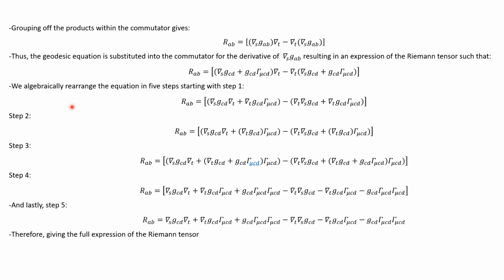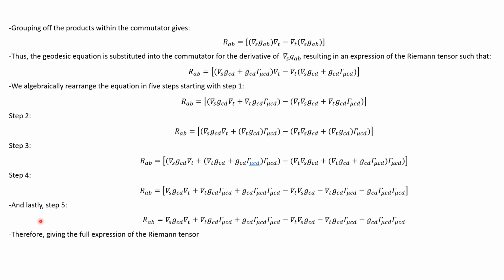Here you could pause it and go through each step. Step 1, we have this, and then we go ahead and distribute, doing mathematical operations on it. Step 2, we have this expression. Step 3, we substitute the geodesic equation, which gives us this, from steps 2 and 3 up here. So we continue to use mathematical operations on it, which gives us these expressions as we move.